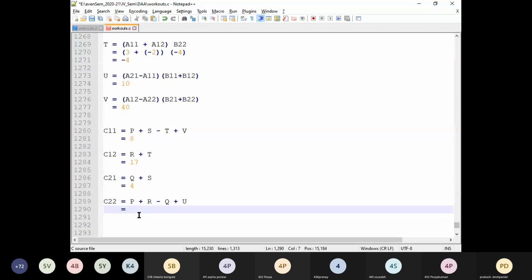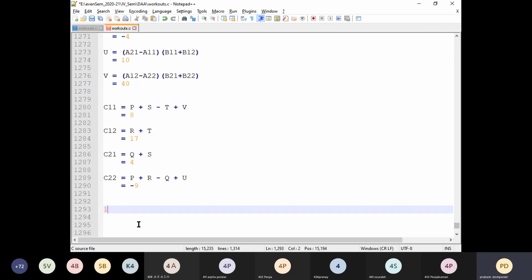C22. C21 is 4. C22. Nobody has calculated C22. Sir, minus 9. Minus 9. That is correct.